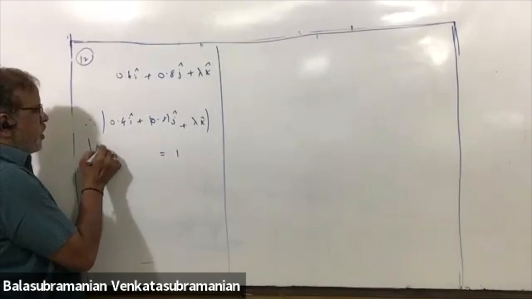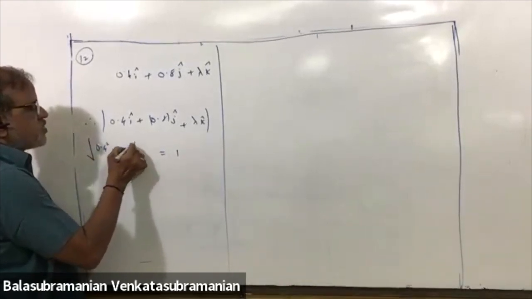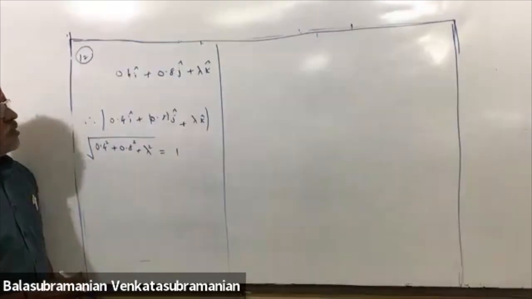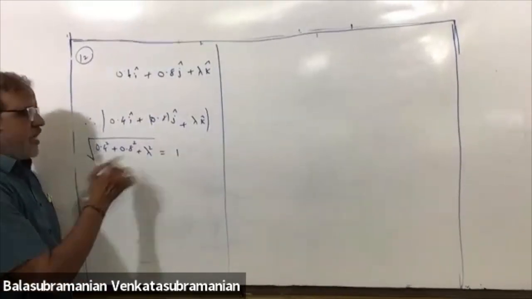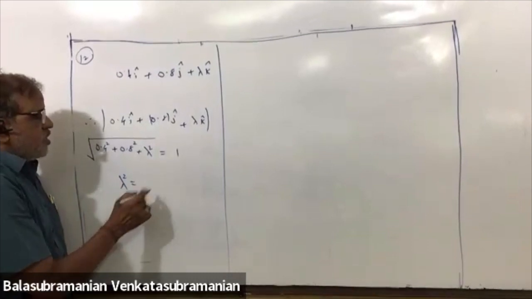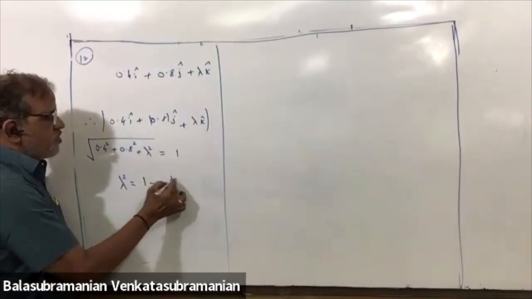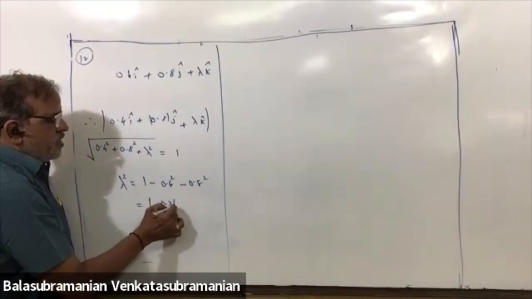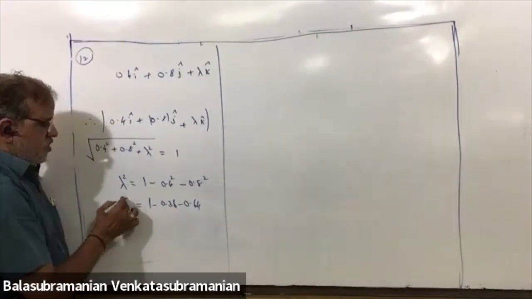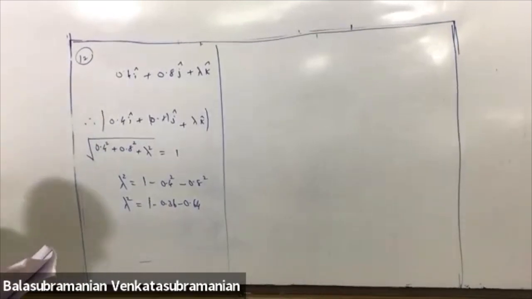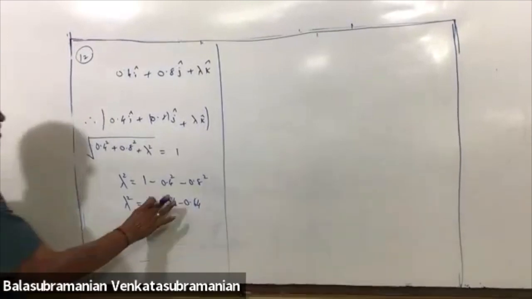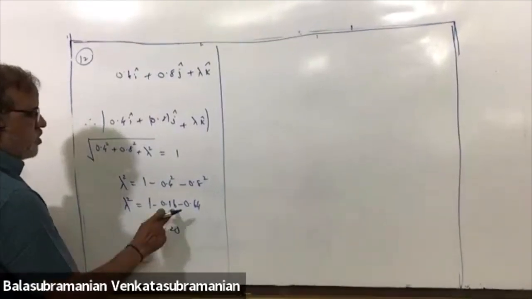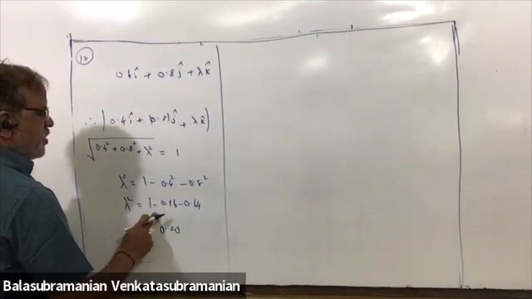So root of 0.4 square plus 0.8 square plus lambda square equals 1. Taking the square, lambda square is 1 minus 0.4 square minus 0.8 square. 1 minus 0.16, minus 0.64. 0.16 plus 0.64 is 0.8, 1 minus 0.8 is 0.2.